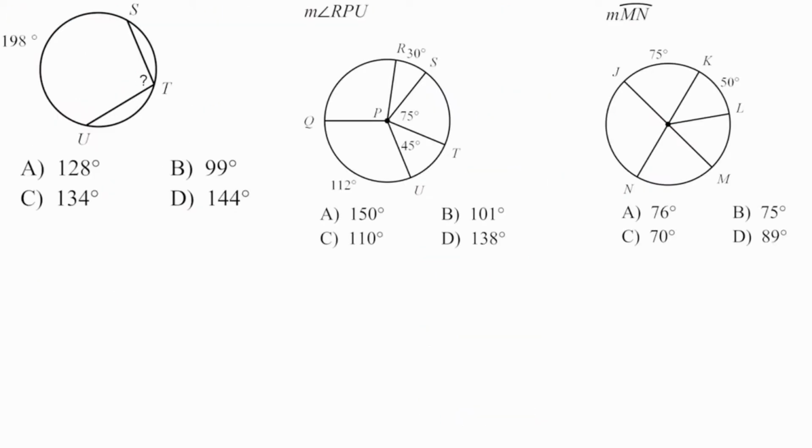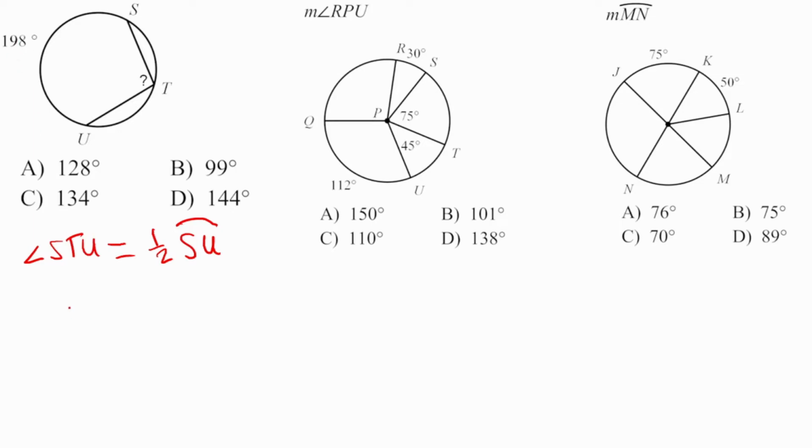Next up, we want to use our inscribed angle theorem and central angle theorem to decide the measurements of each of these. What we know about our first one, which is an inscribed angle, is that the inscribed angle here is half of this arc. So we could say that angle STU is 1/2 of arc SU. What's the measure of arc SU?